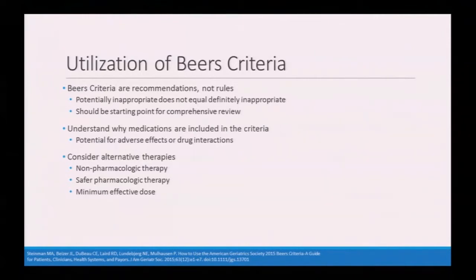It should be a place for us to start a comprehensive review of each medication on their profile that may be high risk. And understanding why medications are included in the criteria, most of them have really negative adverse effects like dizziness, confusion, altered mental status, and increasing the risk of falls. So understanding why each medication is included in the criteria is very important when you're assessing medications.